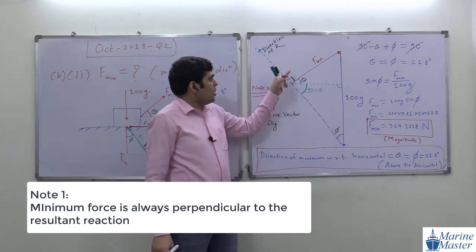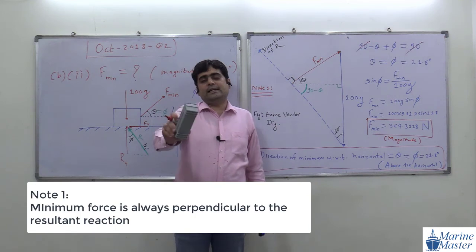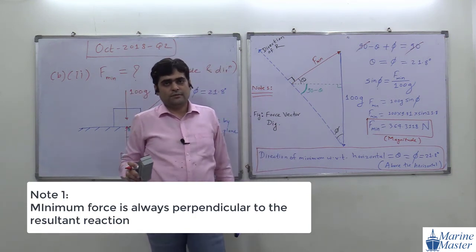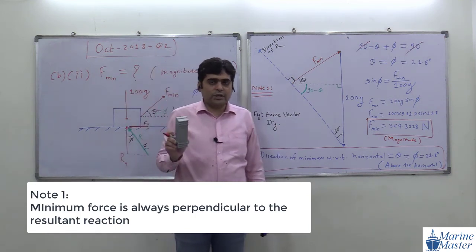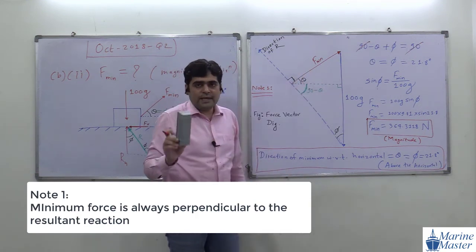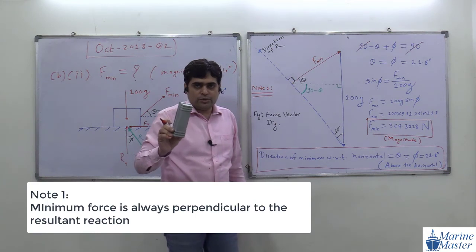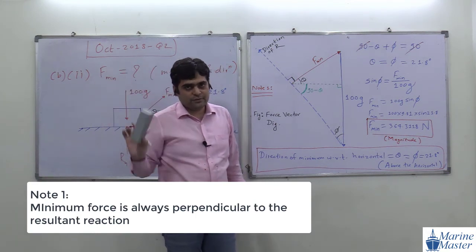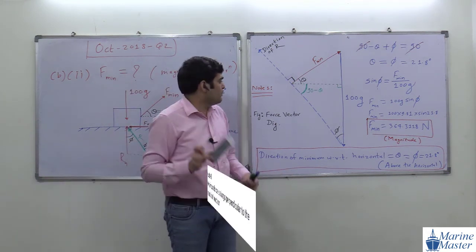Minimum force is always perpendicular to the resultant reaction. Please write that down in the note. Minimum force is always perpendicular to the resultant reaction. That is our note number 1.